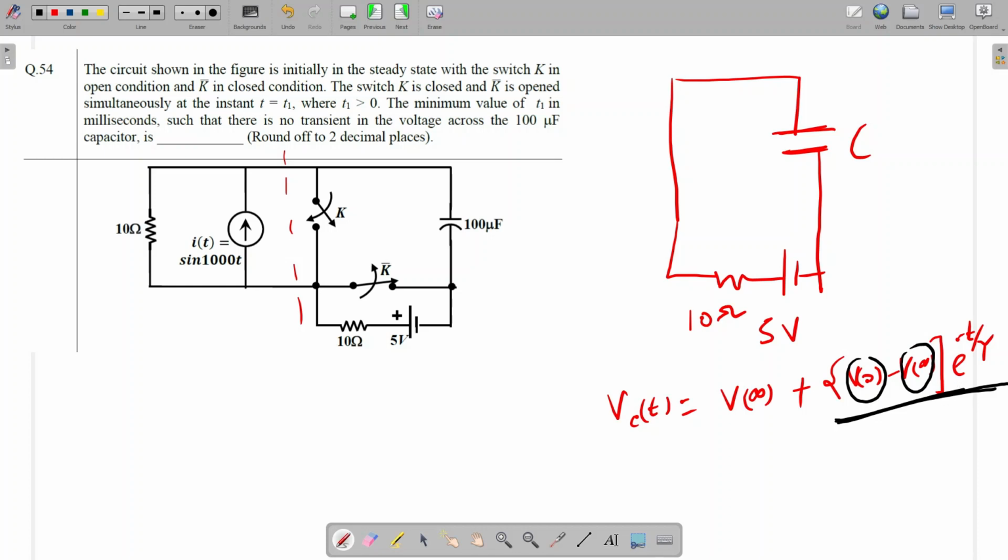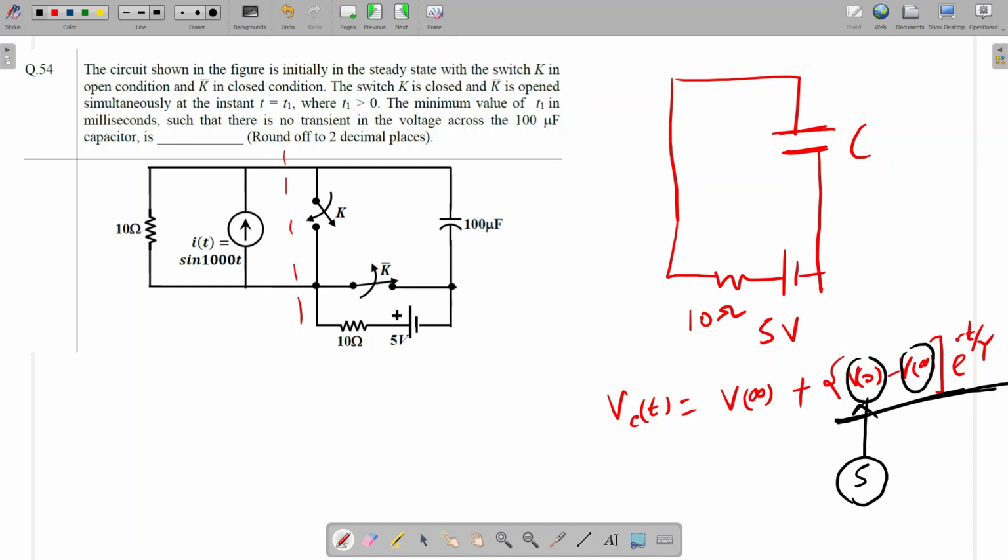So this initial voltage should be equal to the final voltage across the capacitor. Can anyone tell what the final steady state voltage across the capacitor is after t tends to infinity? 5 volt. So at t tends to infinity, the voltage will be 5 volt, and at 0 also the voltage should be 5 volt. Then only this will be free from transient.